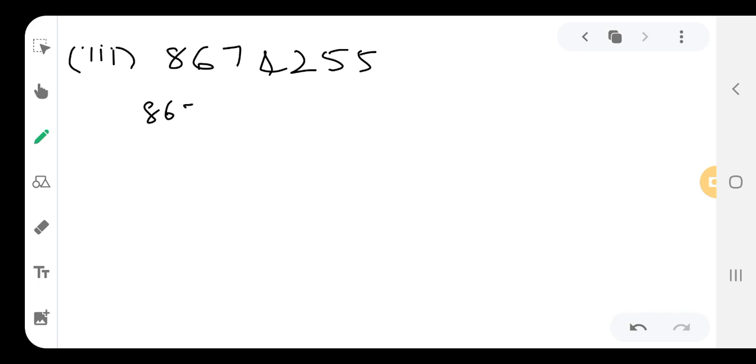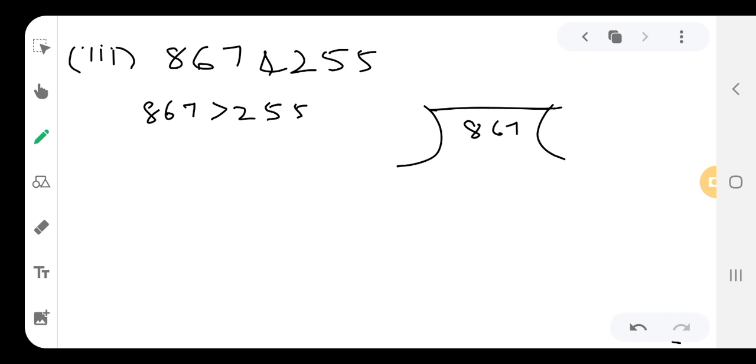Third one, 867 and 255. So 867 is greater than 255. Now 3 times 255 is 765.